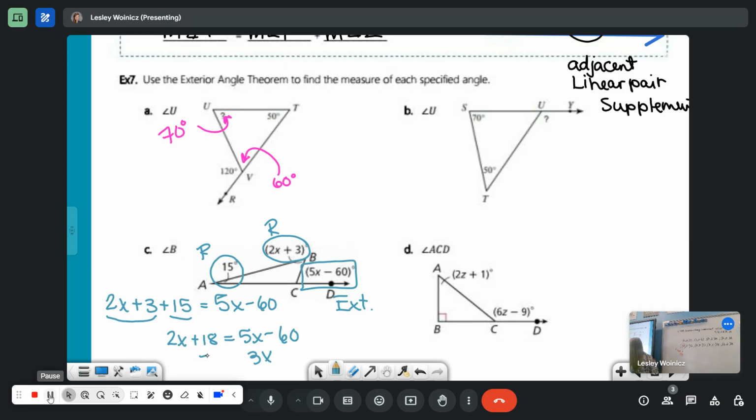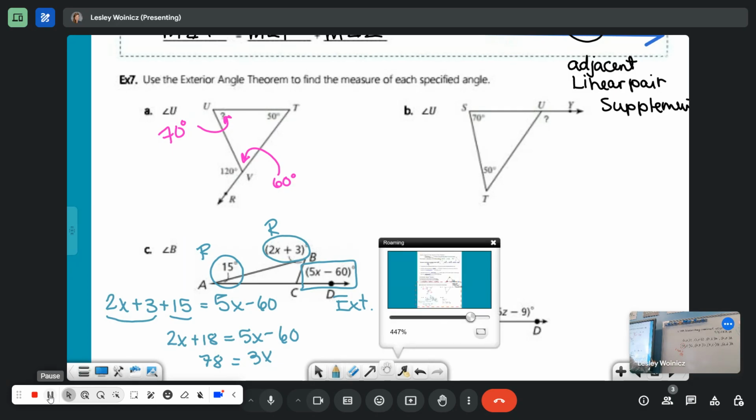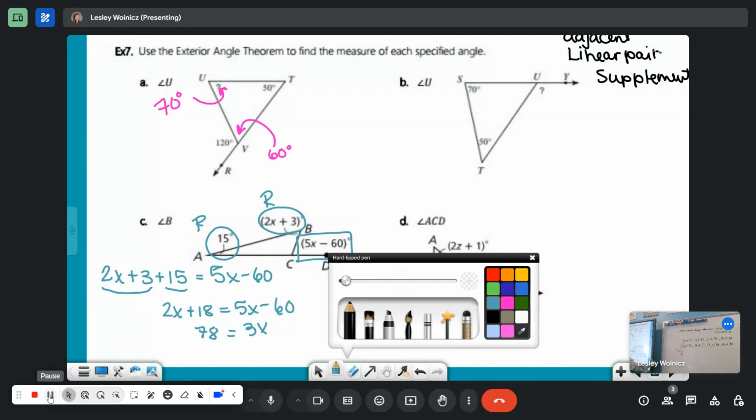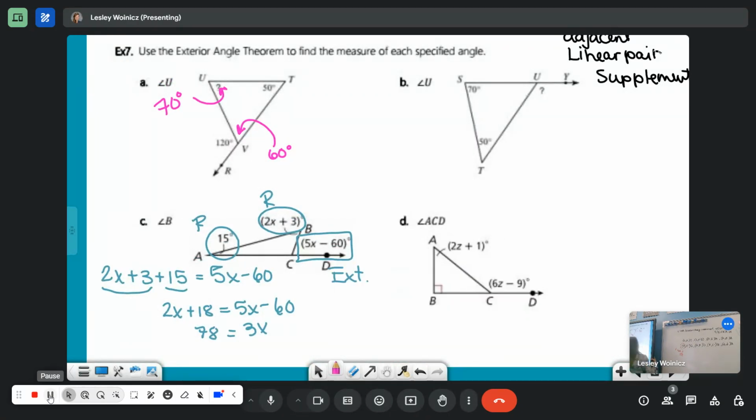Now I have 78. That doesn't look right. Did I mess up? Okay. Maybe 78 is divisible by 3. Oh, it is, because 7 and 8 plus 15. Do you guys know the divisibility tricks for 3? Yeah, I'll show you in a second.